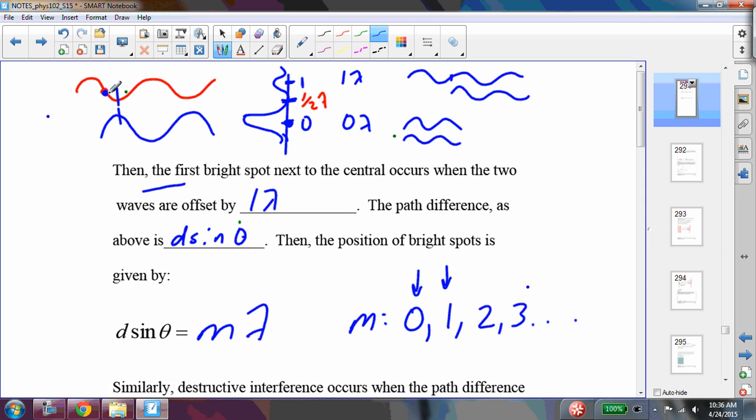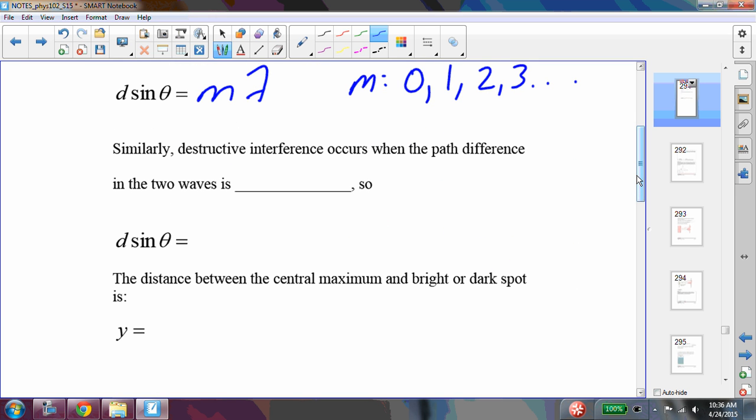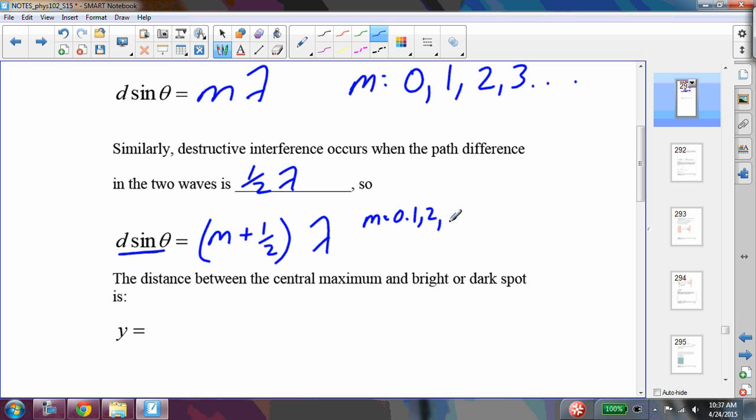So that's destructive interference, where my path length difference is equal to 1/2 of a wavelength. So destructive interference occurs when the path difference in the two waves is 1/2 a wavelength. Since this is our path length difference, this is just going to be m plus 1/2 times lambda, where m again is equal to 0, 1, 2, and on and on.